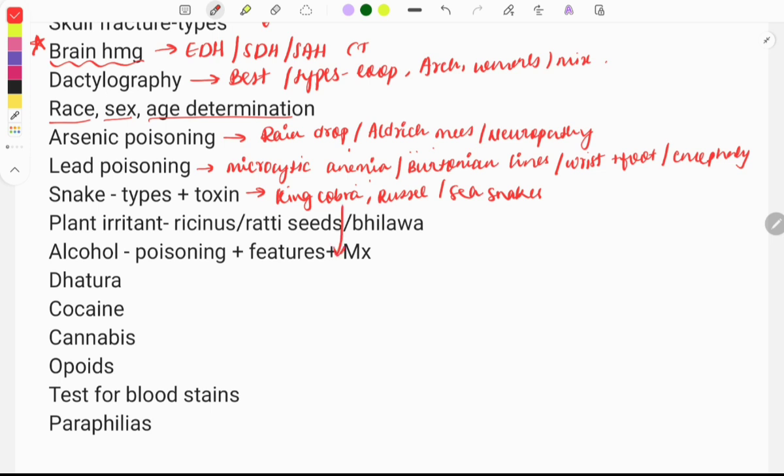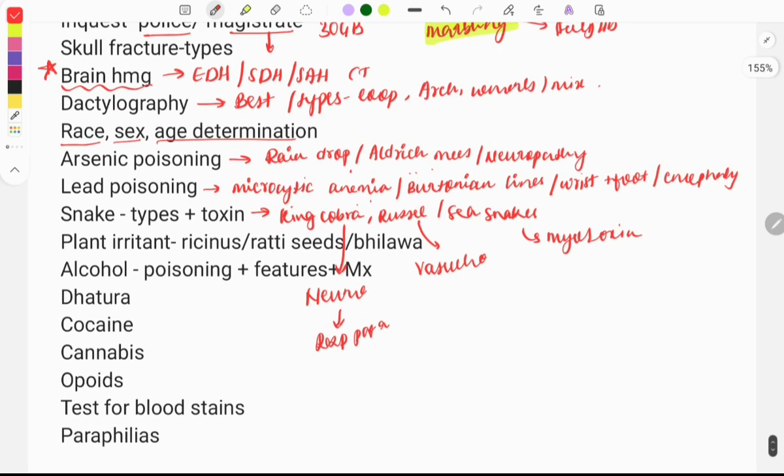Like if a cobra bites, then it is a neurotoxin, so it will cause respiratory paralysis. And if the Russell viper, then it is a vascular toxin. And the sea snakes, it is a myotoxin. Okay, so these were certain points from the snake family, and you need to also look for the images.